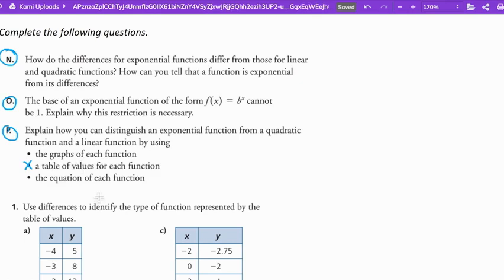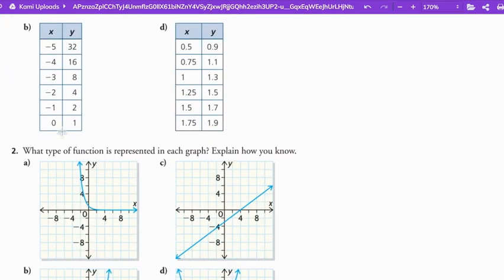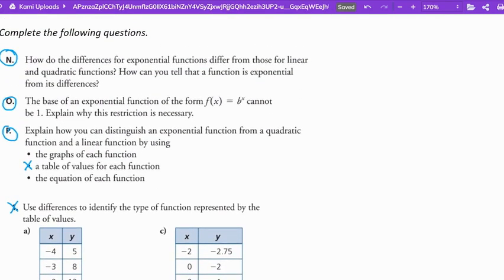For P, don't do the table of values because we haven't looked at the table of values. And also, you're not doing question 1 because, again, it's looking at the table of values. We're going to look at first and second differences tomorrow. So you're doing N, O, P and you're doing question 2. What type of function? You can do this homework in probably like 5 minutes. So if you want to do it now, you have 5 minutes.